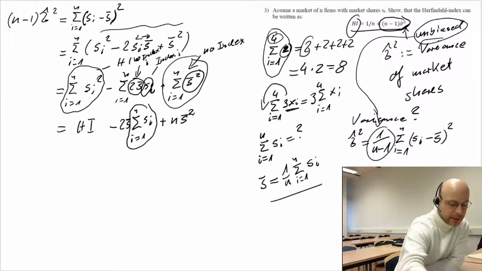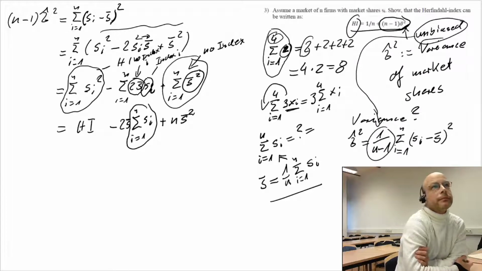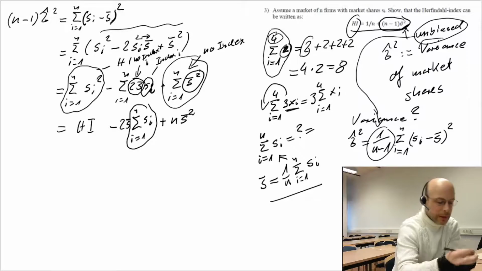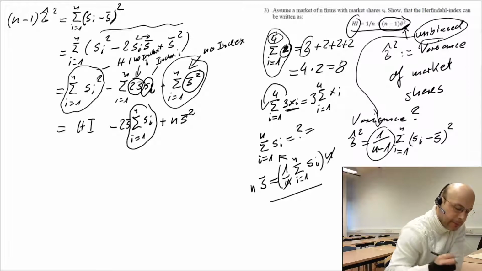And if you take this compared to this, then I can write here: if you multiply this by n and this by n, then this cancels here.